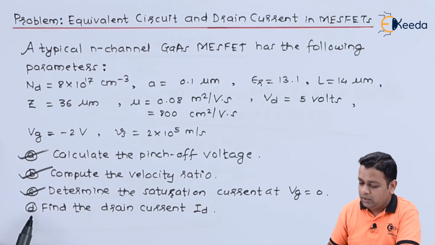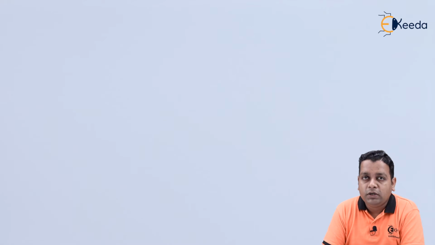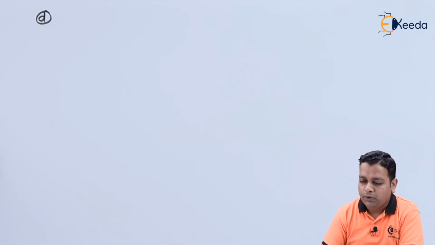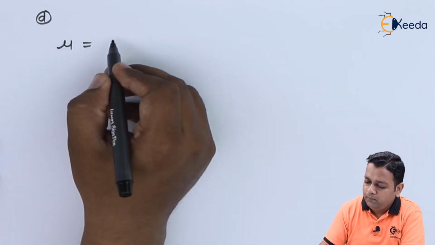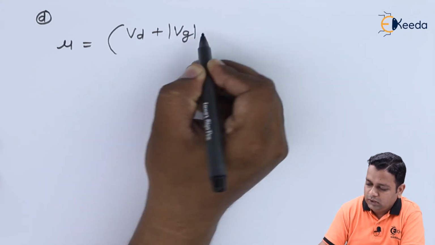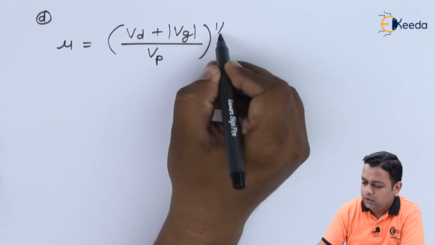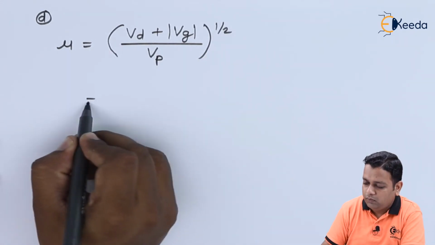In the last portion D, we require finding the drain current ID in total. Now for determination of total drain current in part D, we first of all make the computations of mu. So the mu will be Vd added with mod of Vg, divided by Vp, to the power 1 by 2, so it means it is in the square root.